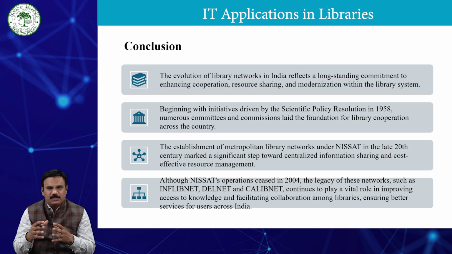Beginning with the initiatives driven by the scientific policy resolutions in 1958, numerous committees and commissions laid the foundation of library cooperation across the country. The establishment of metropolitan library networks under the NISAT in the late 20th century marked a significant step towards centralizing information sharing and cost-effective resource management.